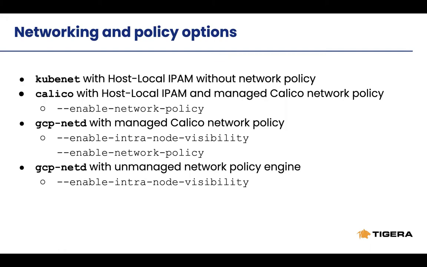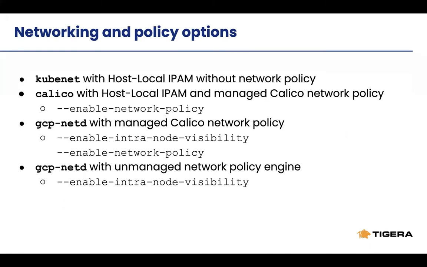But if you create a cluster with the enable network policy option, then Calico is going to be used. The IPAM is still host local, but now you get Calico network policy support. So the Calico engine can be used as a network policy engine in that cluster.